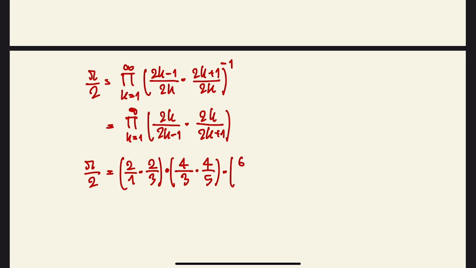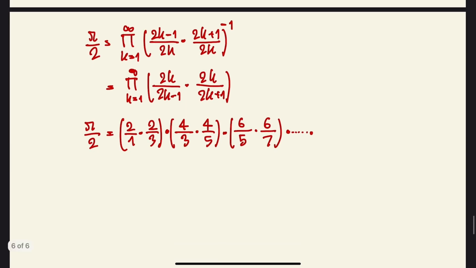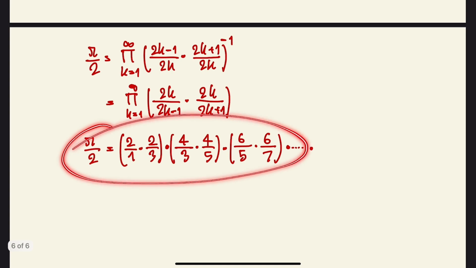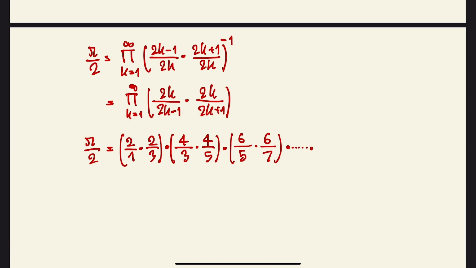When k is 3, it's 6 over 5 times 6 over 7, and so on. So this is the product for pi proposed by John Wallis.